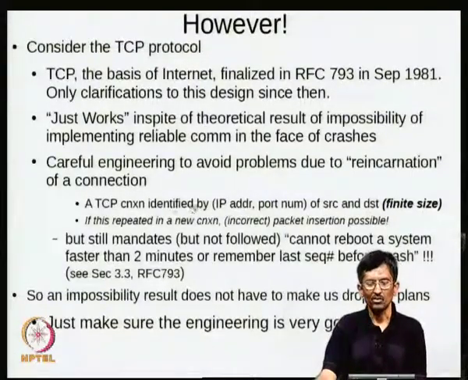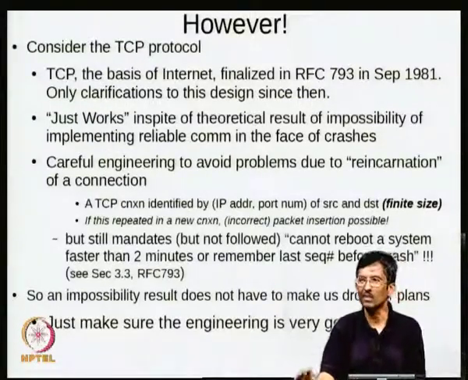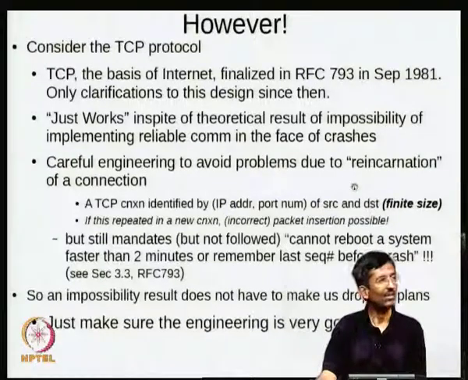Because it is a finite size, if I start a new connection and by sheer bad luck I have the same signature as the previous one, that is, the same IP address and port number of source and destination, then it is possible that some packet of the previous connection which was hiding somewhere in the internet suddenly comes and drops into my current situation, and then I might have what is called a packet insertion problem. Why is this not unlikely?